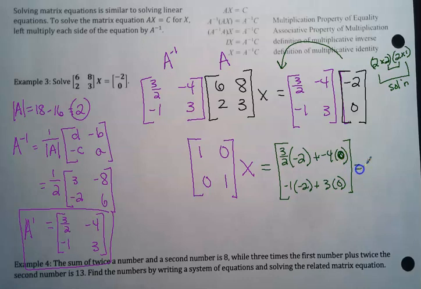The 2's cancel, so I have 3 plus -4 times 0, which is 0. Oh, that was a -2, wasn't it? So it's -3. My bad. When I crossed it out, I couldn't quite see it. So that's -3. -1 times -2 is +2, plus 3 times 0 is 0. So this is a 2 here.